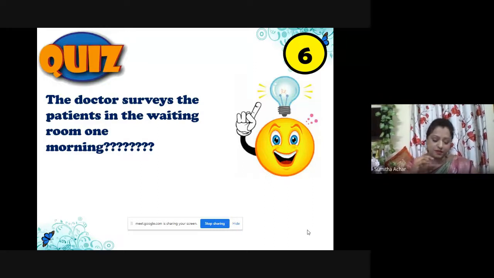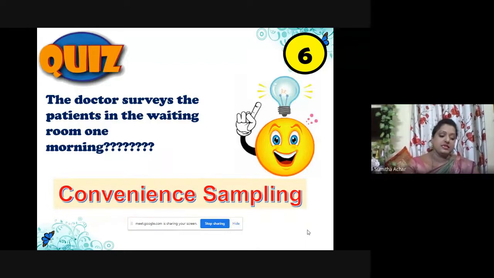No. Firstly, understand, it's a non-probability sampling. Suppose the doctor has patients who are fixed based on appointments, then you can go for probability sampling. But if a patient randomly walks into the doctor's clinic, and he is surveying the people on a random basis, whoever walks in, irrespective of their appointments, then it is convenience sampling, right?